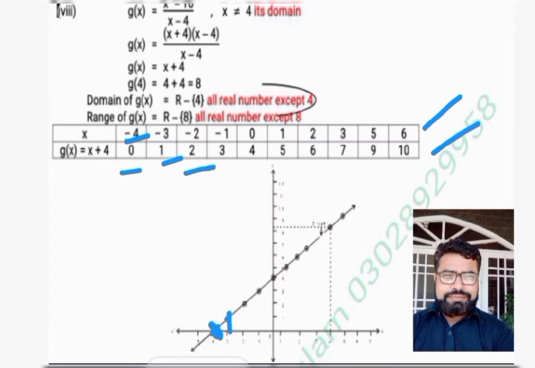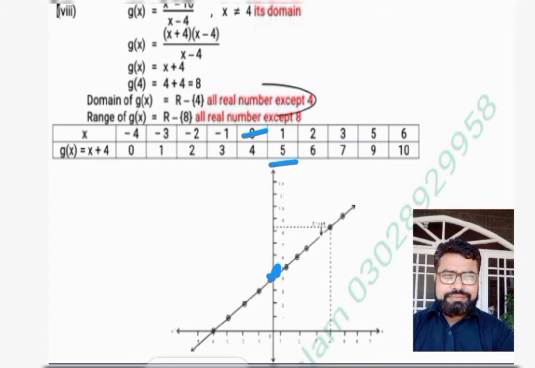At minus 2 there is 2, so we have plotted a point here, minus 2 and this is 2. And at 0 the value of x is equal to 0, so it will be on the y-axis. At the y-axis it is 4 and the value of y is 4 here, so we have plotted a point here.